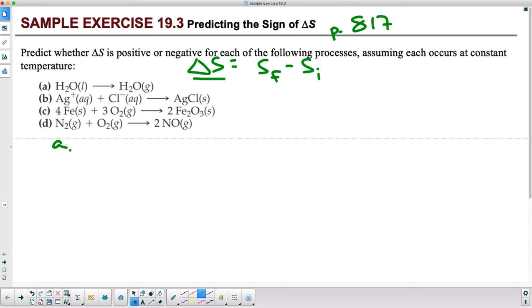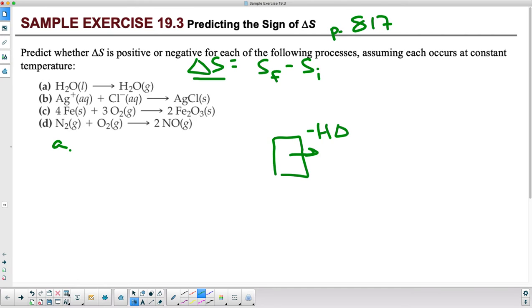Now, here's what I'm going to say. Remember, for enthalpy, when heat leaves the system, and the box is the system, into the environment, then our delta H is negative, because the system has less heat, and because it's leaving, that's a negative delta H. It's a similar thing here.